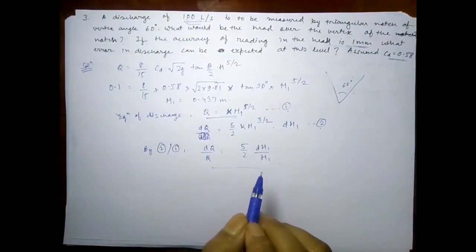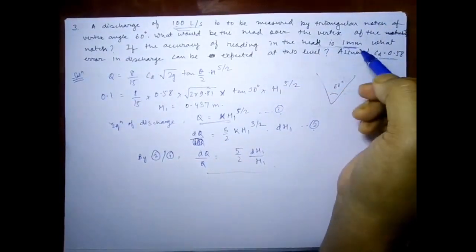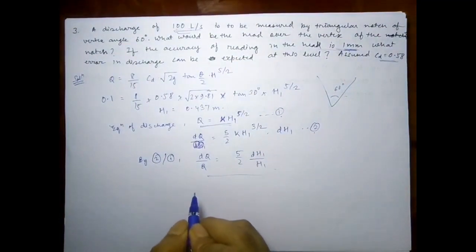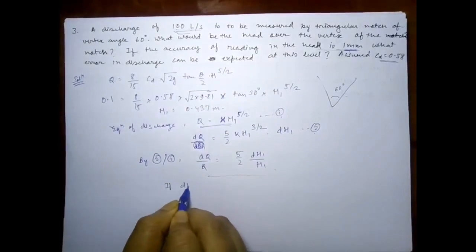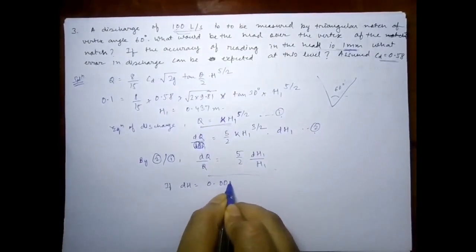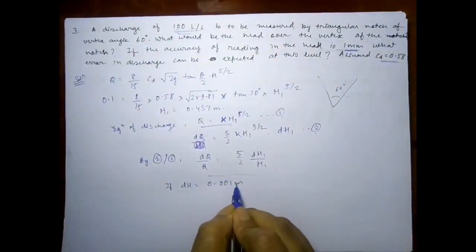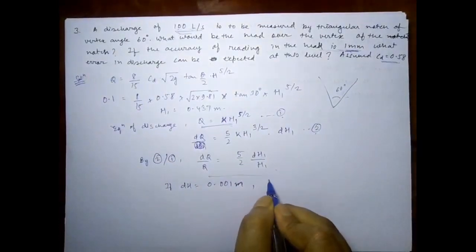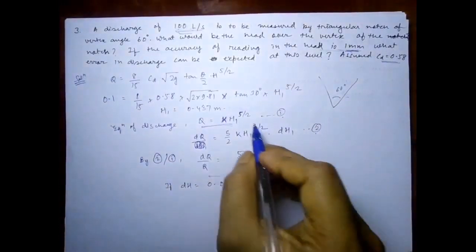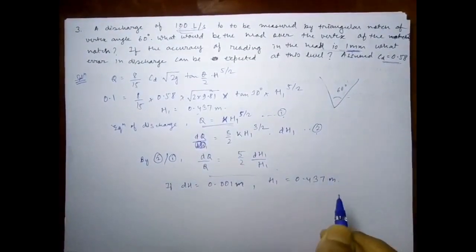Now they are saying that dh, the accuracy in the head, is 1 mm. So dh is 0.001 meter, since 1 mm can be written as 0.001 meter, and h1 we got as 0.437 meters.